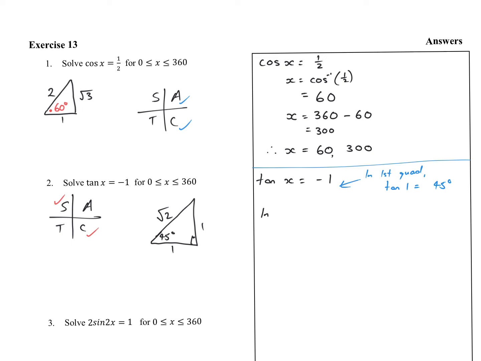So in the second and fourth quadrants, that's better, sorry. x is going to equal 180 minus 45 and 360 minus 45, which is going to equal 135 degrees and 315 degrees.